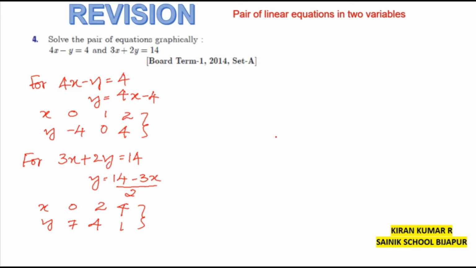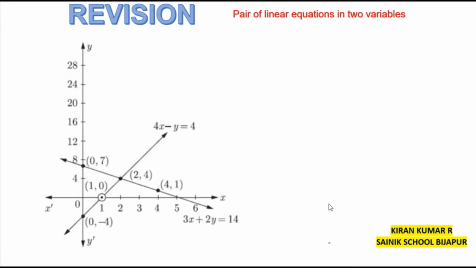Let me show you how the graph looks like. On plotting the graph, we will be getting two lines, 3x plus 2y equal to 14 and 4x minus y equal to 4, intersecting at 2, 4.